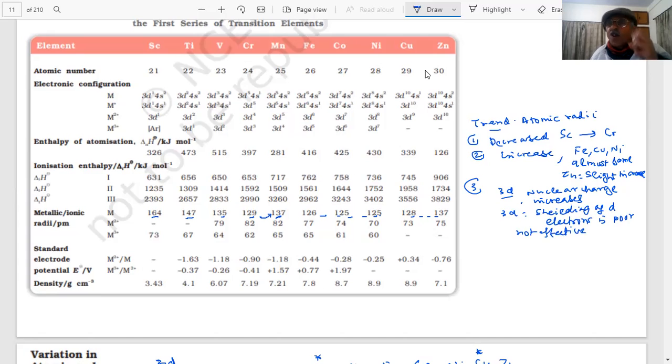When the shielding is not effective, the Z effective is not very strong. The result is that the net electrostatic attraction between the nucleus and the outermost electron increases, so the ionic radii will decrease.